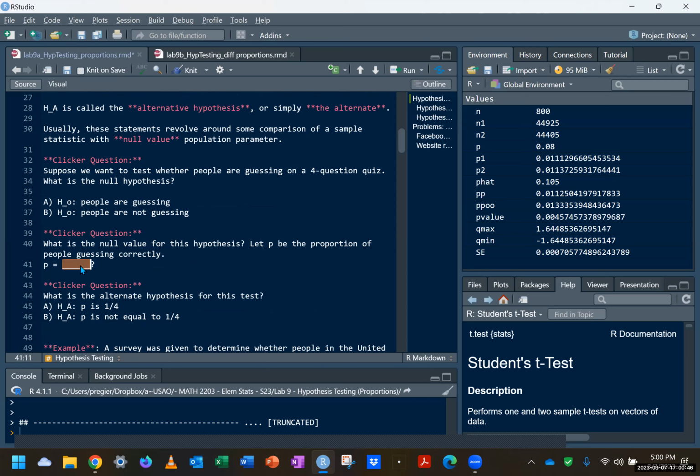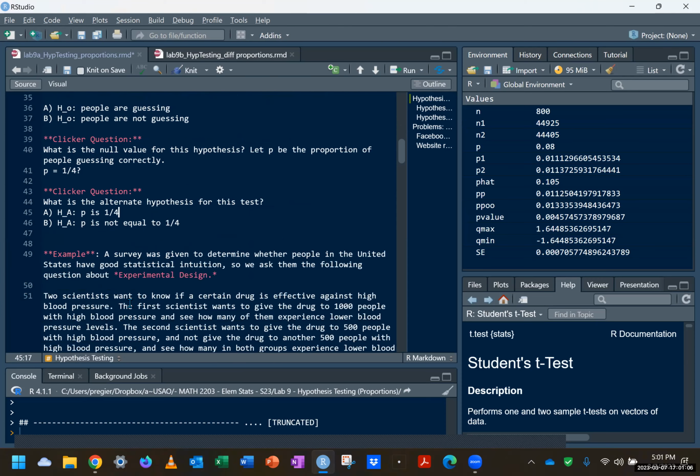If it's 1 out of 4 questions, we'd expect about 25% to get it right. So when we have a null value, the null hypothesis says there's no difference between what you see and random chance. If random chance is 1/4, the null hypothesis would say that the probability of what we're seeing is 1/4. And this concerns what we're seeing in the population.